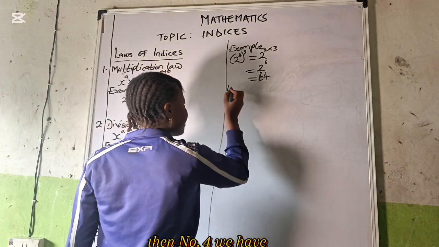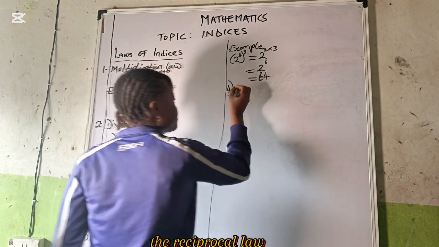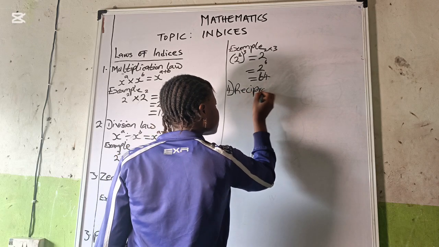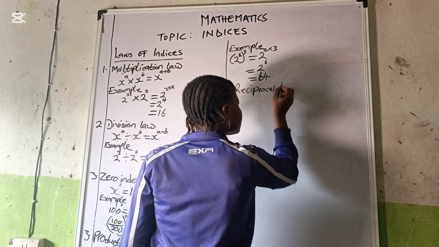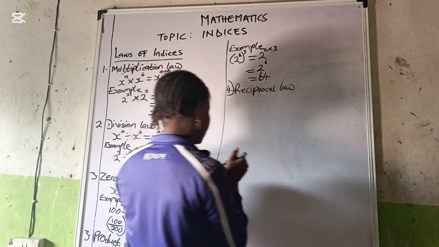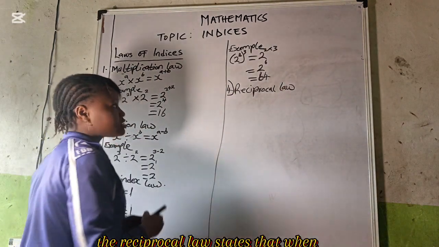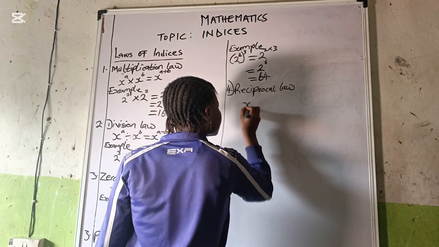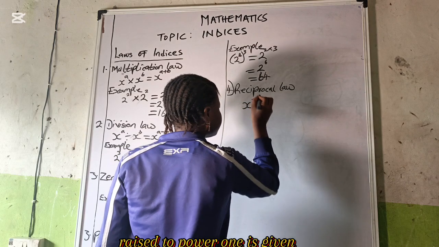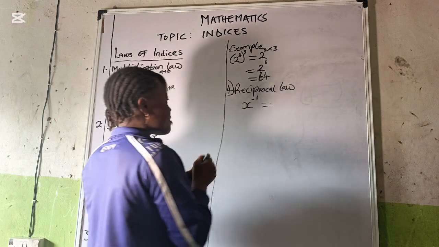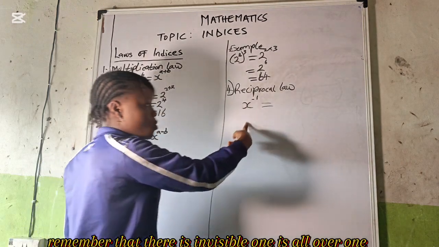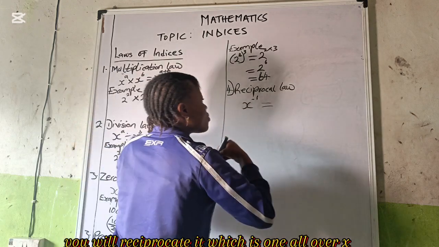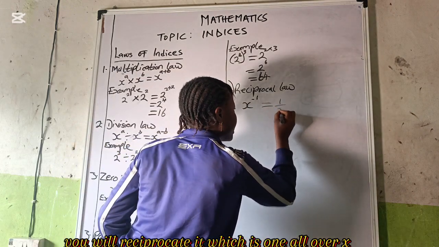Then number 4, we have the reciprocal law. The reciprocal law says that when x raised to power minus 1 is equal to, remember that there is an invisible 1, it's 1 over 1, you will reciprocate it, which is 1 over x.